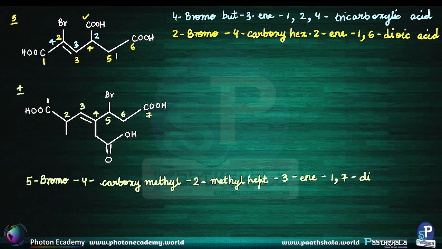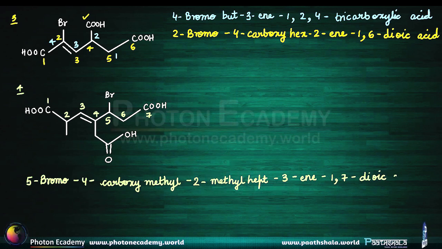So dioic acid, the carboxylic acid group is attached, call it the dioic acid. So 5-bromo, 4-carboxymethyl, 2-methyl heptene, 1,7-dioic acid. That is the naming of this carboxylic acid.